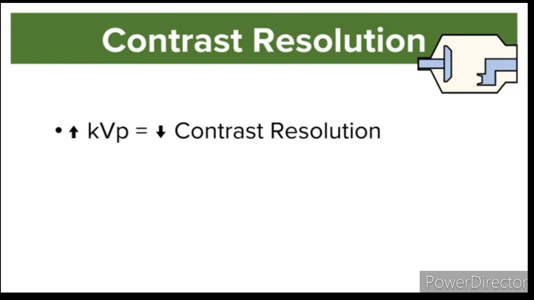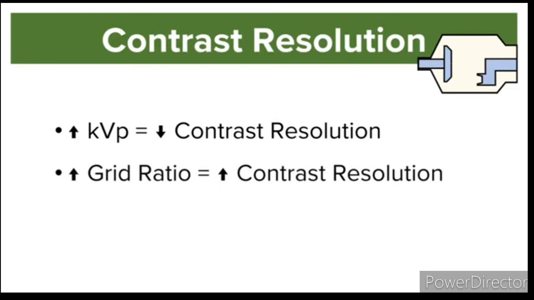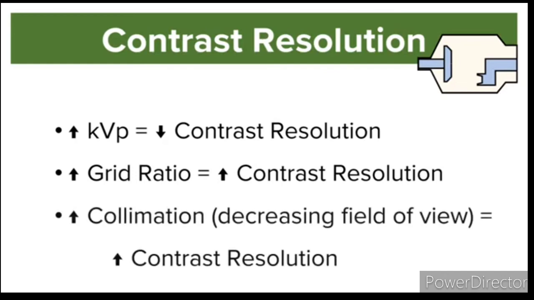Increasing kVp decreases contrast resolution because of the increase in scatter production. Increasing a grid ratio increases contrast resolution because of the decrease in scatter reaching the image receptor. Finally, increasing collimation, or decreasing the field of view, increases contrast resolution because of the decrease in scatter produced.